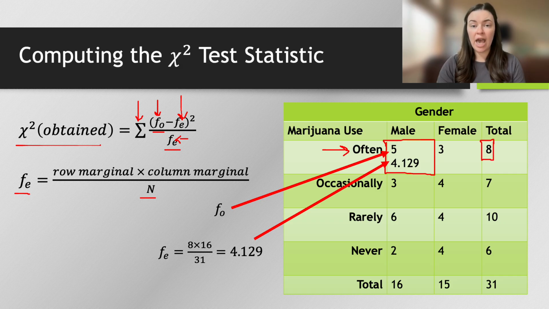We then need to look at our column total, or how many males are in this sample, which is 16. So that's where I'm getting these 2 numbers here in our numerator. We then need to divide that by our n, or our sample total, which was 31 individuals who were included in this sample. And so our expected frequency, or what we would expect to see if these 2 variables were completely independent of each other, is 4.129.